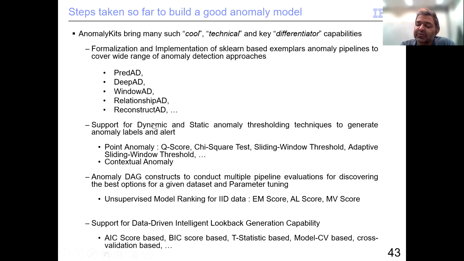Versus dynamic anomaly thresholding actually changes over a period of time, and it adapts to the error that you are encountering in your recent past. What we have done as a part of this toolkit is standardization of these dynamic and static anomaly thresholding techniques. So far, we have Q-scope, chi-square, sliding window threshold, and adaptive sliding window threshold techniques.